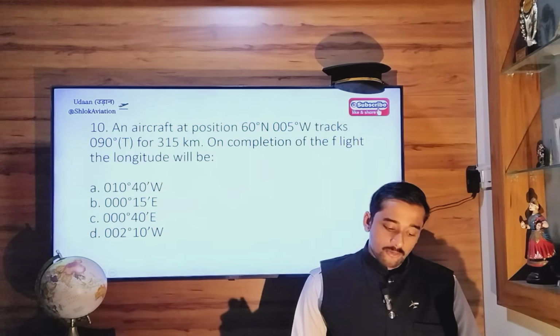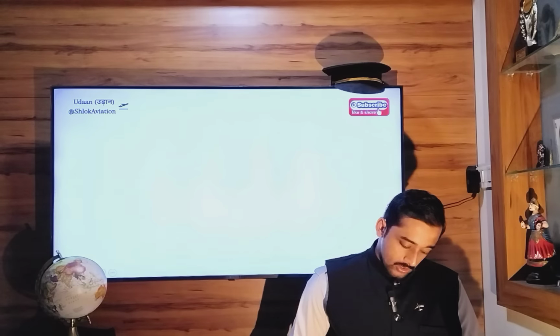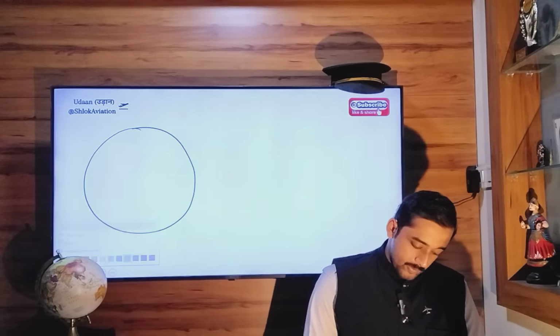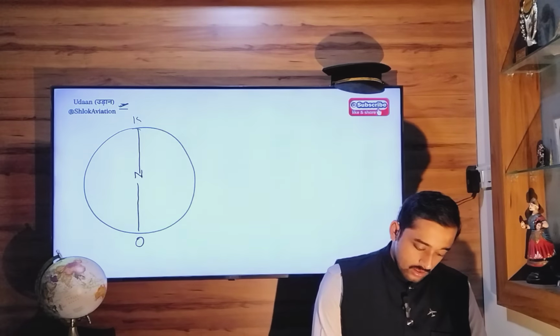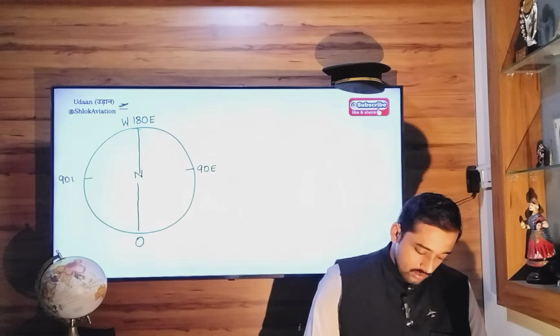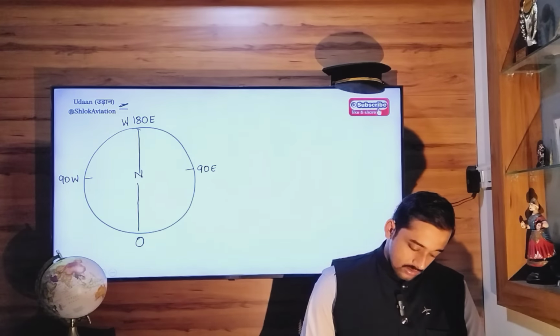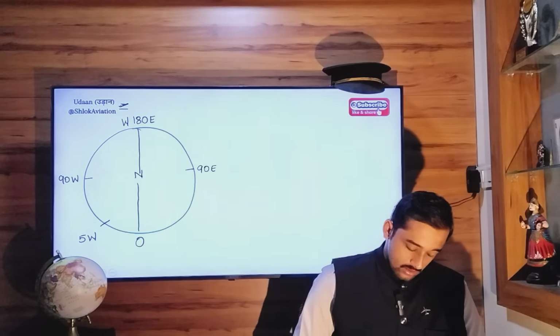Next, aircraft at position 60 north, 5 degrees west, tracks 090 through. So let's draw the longitudinal diagram. You have the North Pole here. So the current position is 5 degrees west.